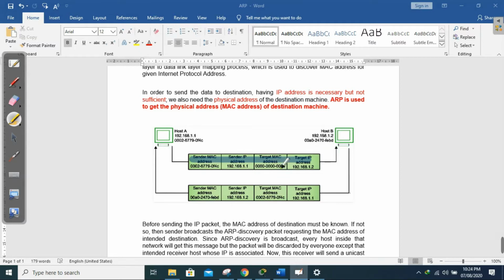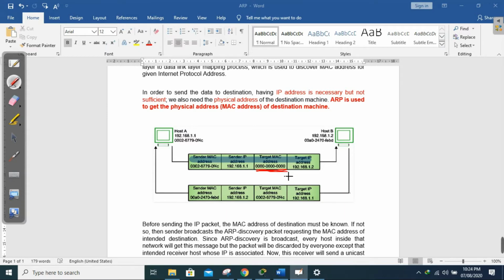So the target MAC address and target IP address indicate host B. But you can see right here that we have the sender MAC address, the sender IP address, and the target IP address, but we don't have any target MAC address. You can see that at this point, where I'm putting an underline, the target MAC address is all zeros.